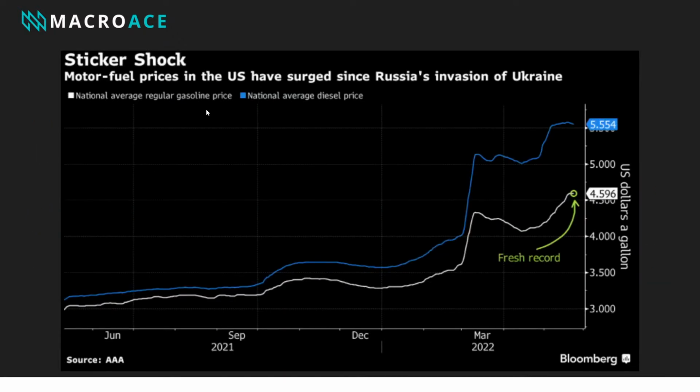And then again, something that if you're in the US you would of course know, and globally as well, is that motor fuel prices have surged. This is just a good line chart to show you how much of an effect the Ukraine conflict has had, not only on exporting and importing crude, but also on consumers and businesses.